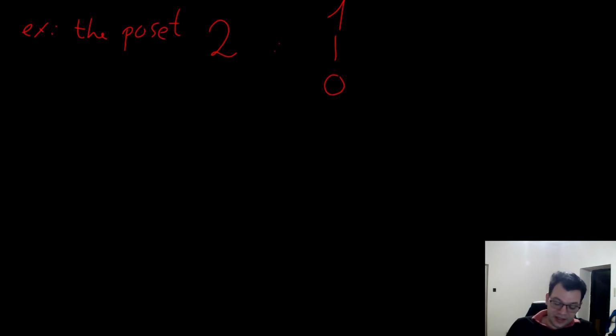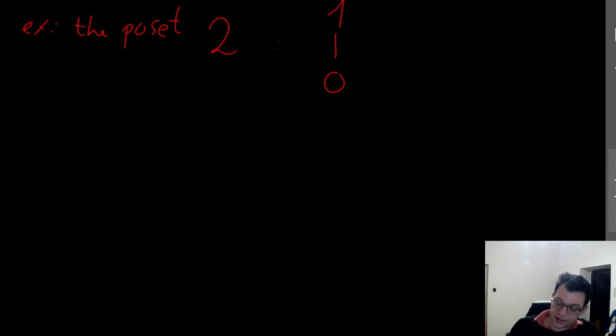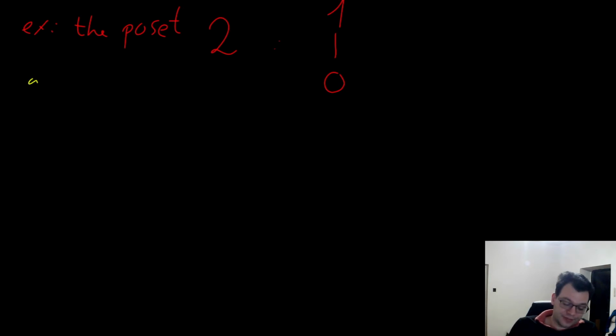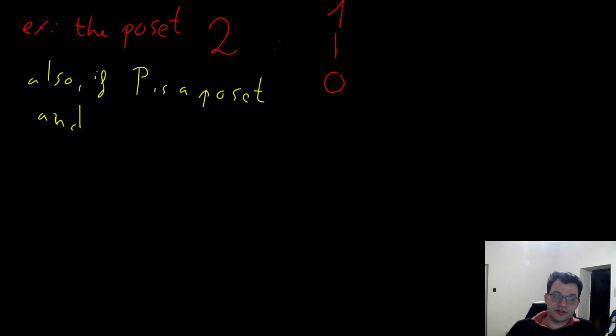Okay, and also another example, I'm just switching colors again and again. So also, if say P is a poset and I is just some index set. Here index set means that it's just a set whose values will be used for indexing something, but it can be infinite.